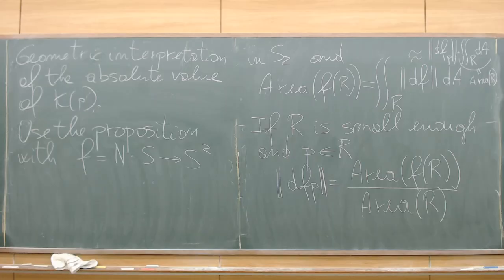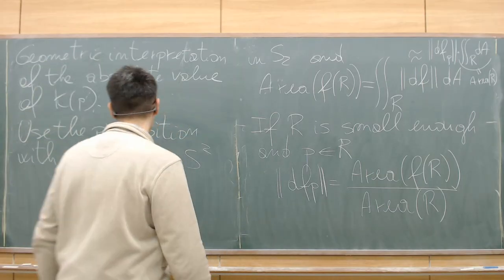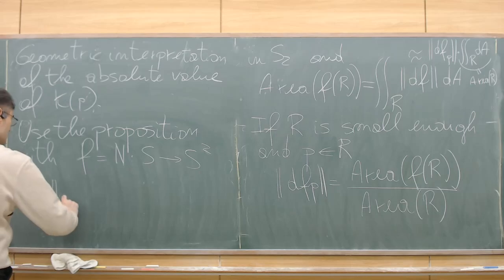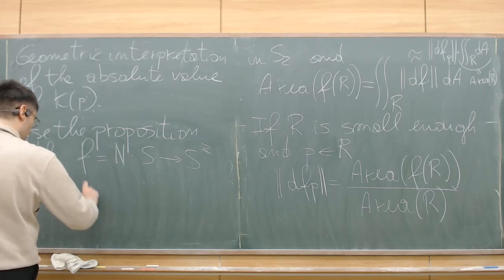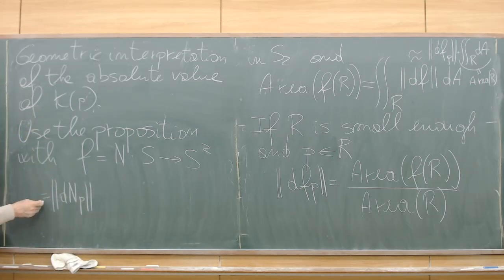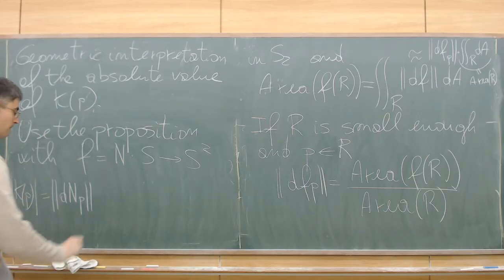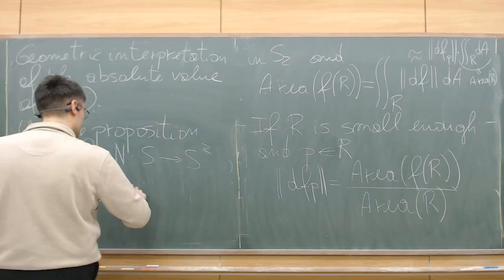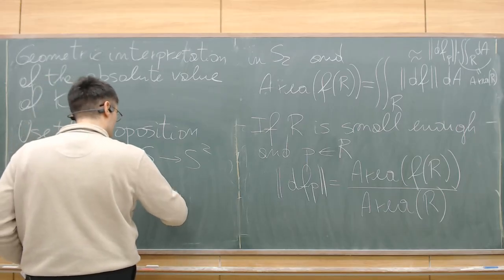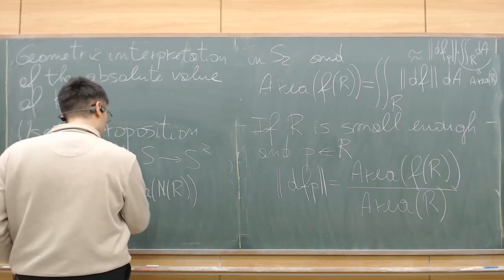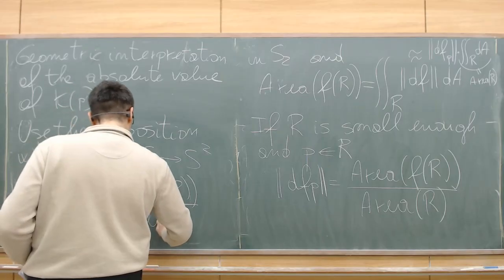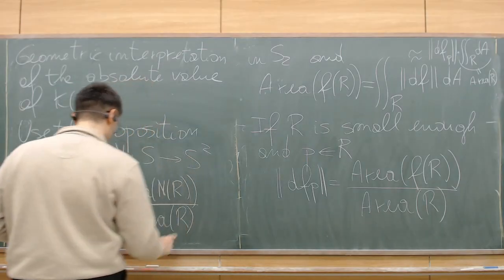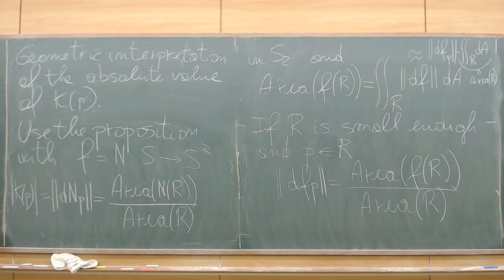If you do this, what you get is that the area distortion at P, that is the absolute value of the Gauss curvature, is the area of N of R divided by the area of R approximately.